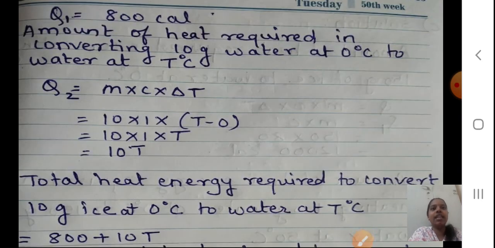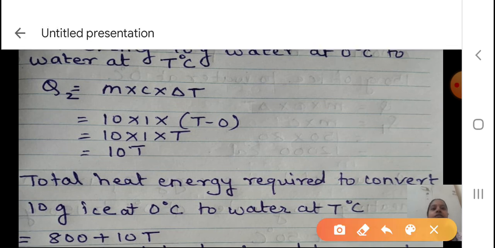Q1 is 800 calories. Now the amount of heat required in converting 10 grams of water at 0 degrees Celsius to water at T degrees Celsius, the final temperature. The water is also 10 grams, as the ice is 10 grams. So from 0 to T, how much heat energy will be required?